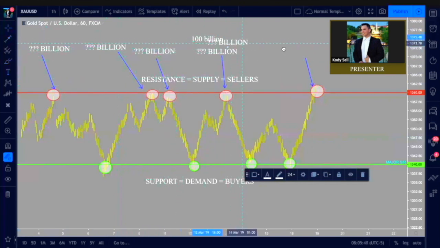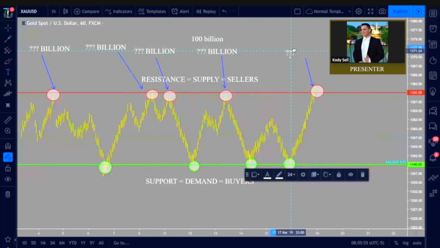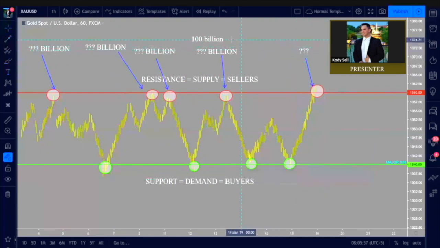And now here we are. And the question is, let me get rid of the billion here. The question is, is this good or bad for us? Get rid of that. The answer is it's bad, because at this point, we've already visited this level so many times. Each time we visit this level, write this down, take note of this, it is very important, it becomes more and more likely that all of the orders have been filled.